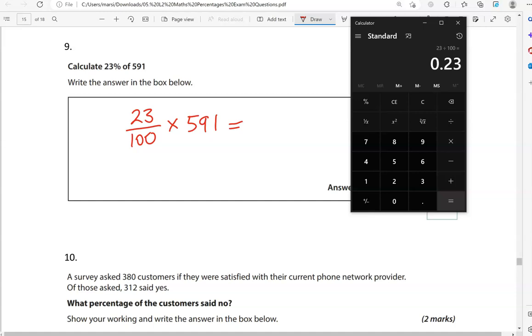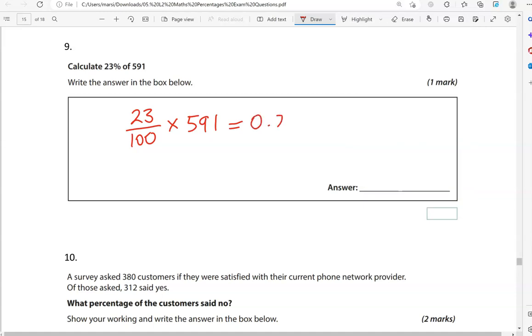So you know that because you know how to divide by 100. So 23% as a decimal, that is 0.23. So as soon as you see 23%, or whatever that percentage might be, write it down as a decimal. So this one is 0.23.